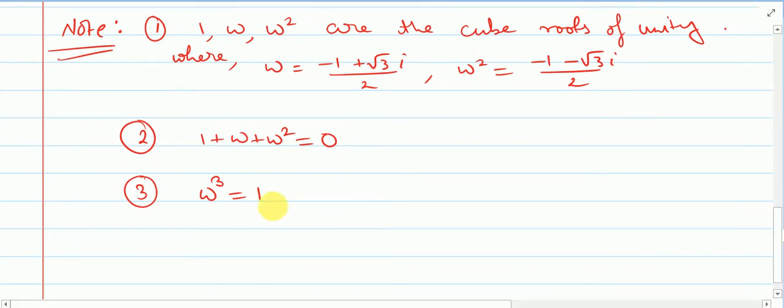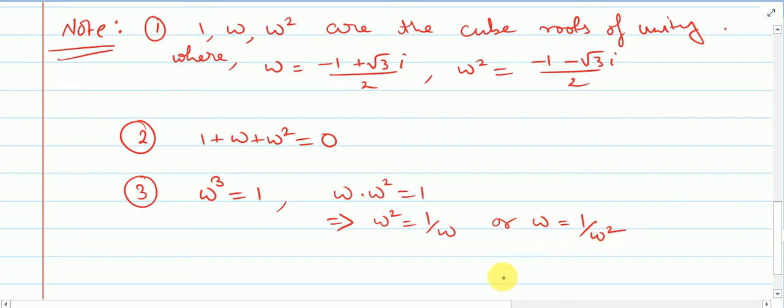And from here if you want to deduce, you can get this also, that omega into omega square is 1, which implies omega square equal to 1 by omega, or omega is 1 by omega square. So you can get these things from omega cube equal to 1.